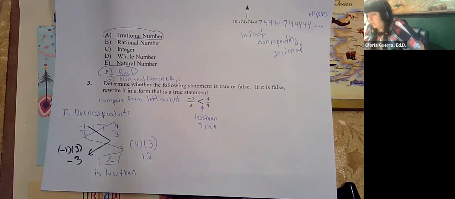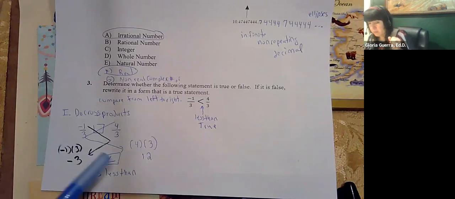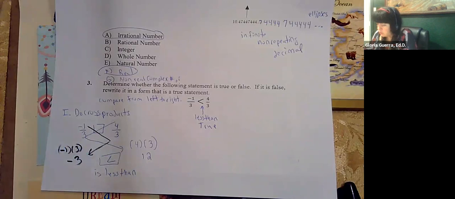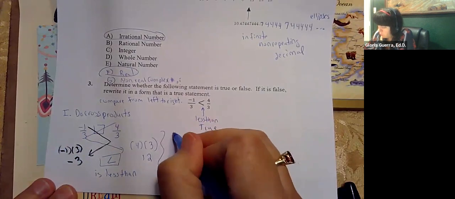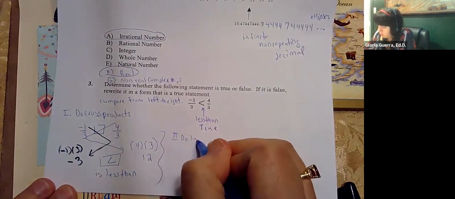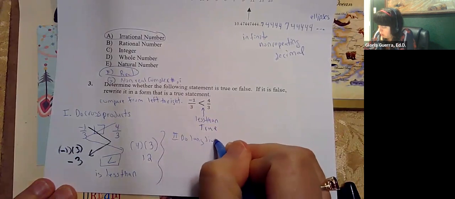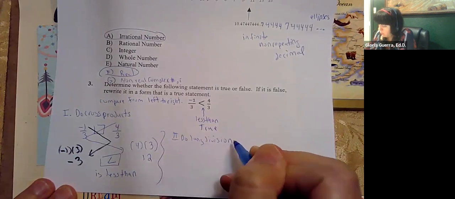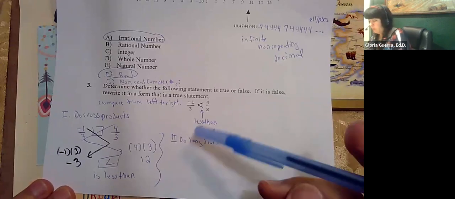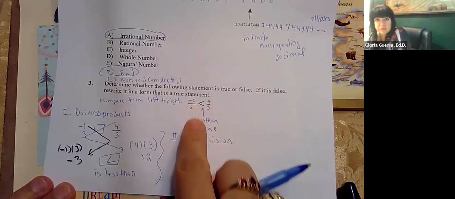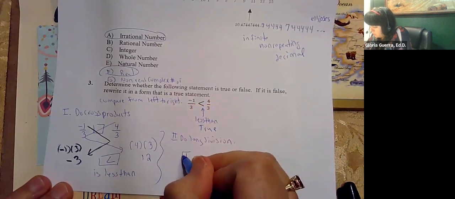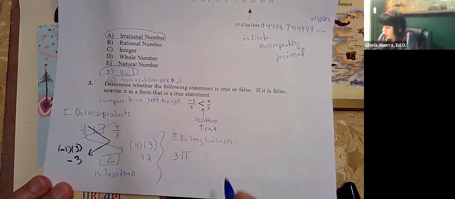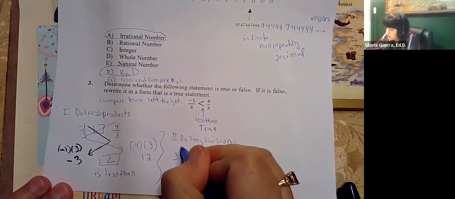All right. Now I'm going to show you another way in case you're not interested in the cross products. There is another method, which is to do long division. When you do long division, remember we said the numerator, the top number goes inside the house. So this -1, I'm going to put 1 divided by 3. And I'm going to put the negative up here because it's negative.